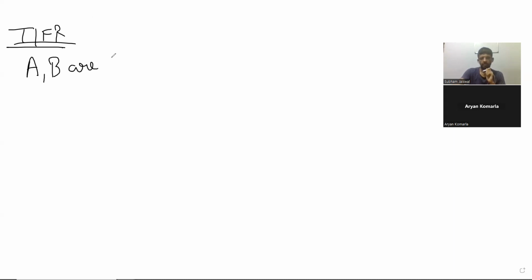There was one more on this sample paper, TIFR, which I feel I should be able to do, but I'm not getting a hang of it. I'm not getting the trick. So A and B are 3 by 3 matrices, and A is invertible.